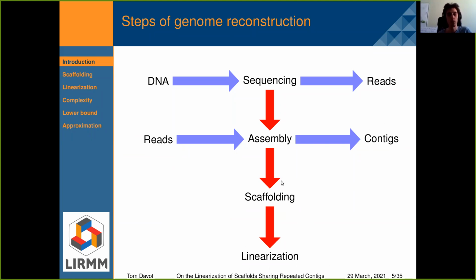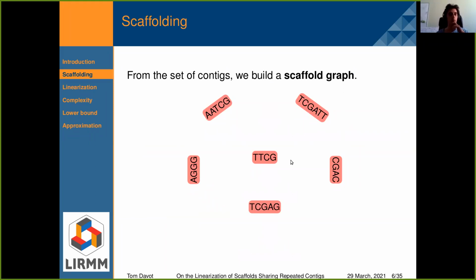But I have to present a little bit of what the scaffolding is to understand why we need the linearization. For the scaffolding, we have in input a set of contigs, which are words on the DNA, and we construct a scaffold graph as follows.